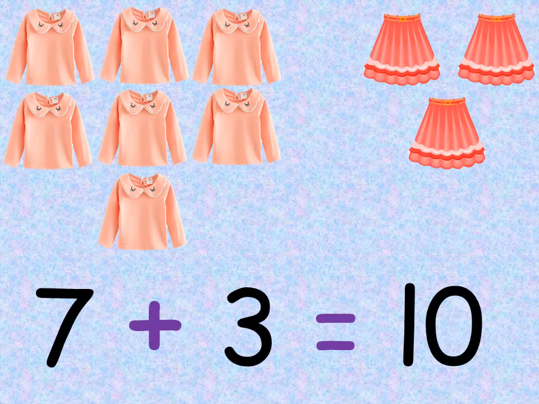How many clothes you can see here? There are 7 blouses and 3 skirts. So, how many clothes are there all together? 7 plus 3 is equal to 10.